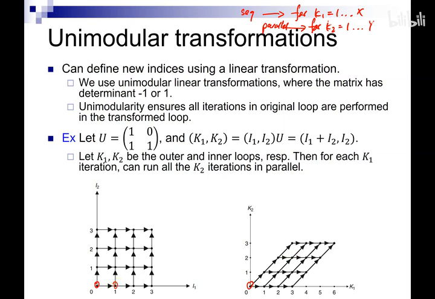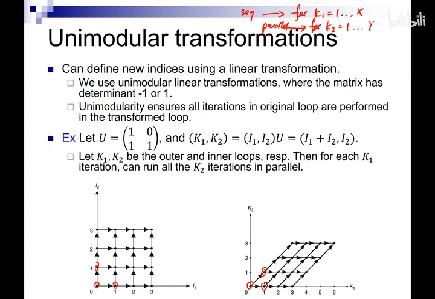This one corresponds to this one, and this one corresponds to that one. So there's a one-to-one correspondence between the I iterations and the k iterations.